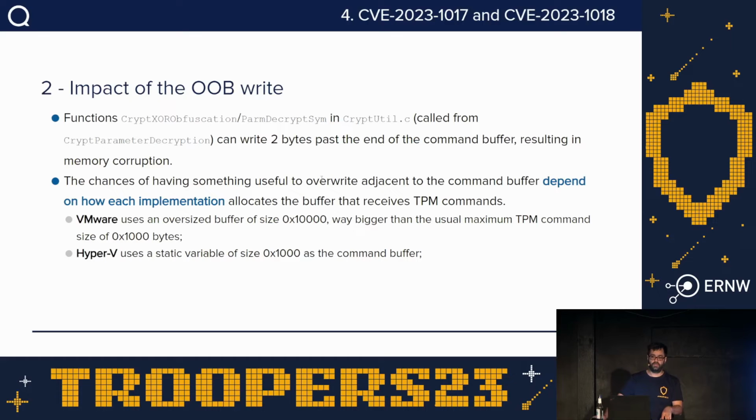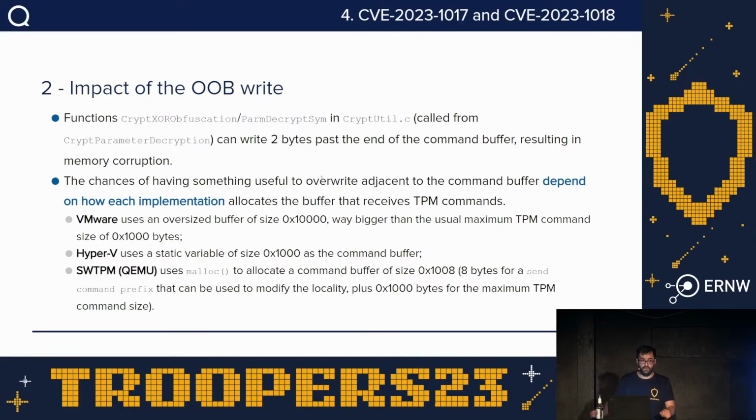So basically, when you have an array of chars, which are prone to being vulnerable to a buffer overflow, they usually move the arrays of chars to the end of whatever variables they are handling. So if you overflow that by maybe a couple of bytes, you are not overwriting anything that is adjacent. So again, in this case, the compiler kind of saves the day for Microsoft. So I wasn't able to achieve much in Hyper-V as well.